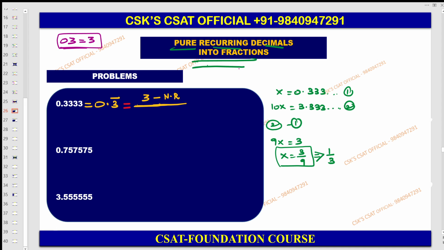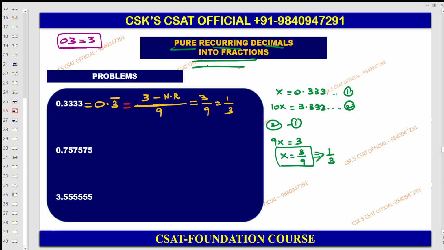Therefore, that many 9s you have to place in the denominator. So what is the denominator here? 9, because only one digit, 3, is recurring. So this is nothing but 3 by 9. Simplest form, 1 by 3.